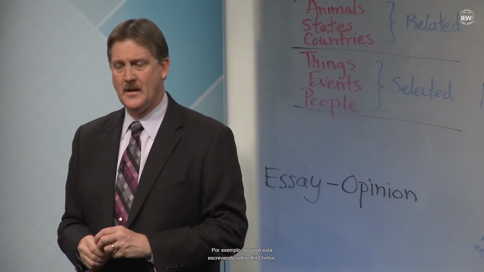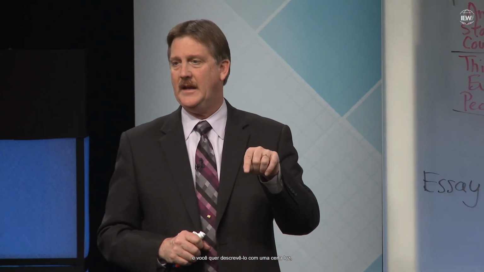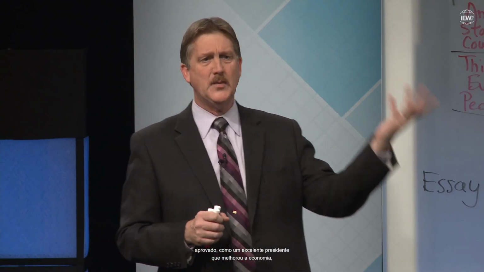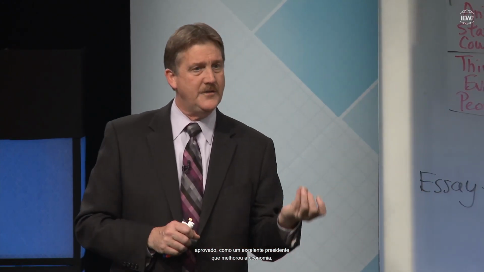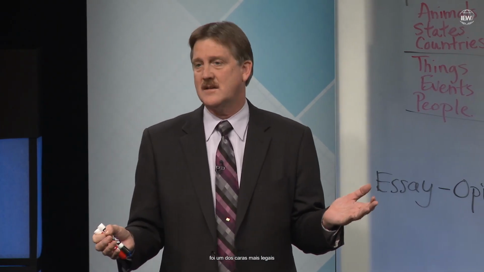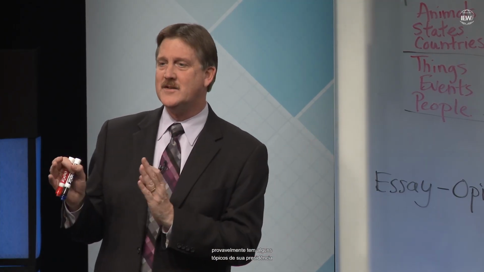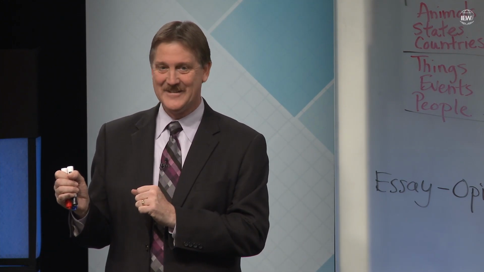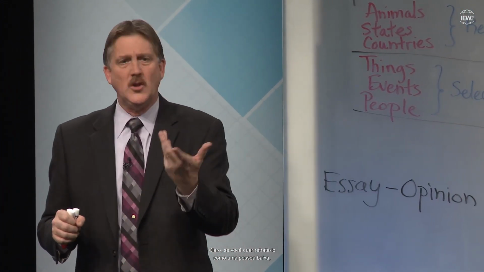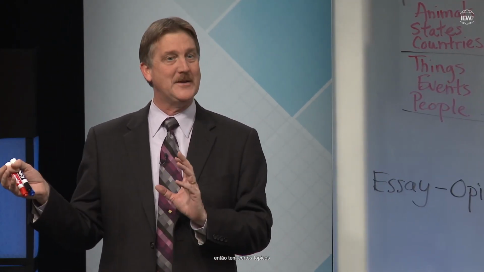For example, if you're writing about Bill Clinton and you want to portray him in a certain light, say as an excellent president who brought the economy in, brought peace to Bosnia-Herzegovina without embroiling us in a war, was generally one of the nicest guys ever to be in the White House. If you want to portray him that way, then probably there's a few topics from his presidency you might just not mention, right? He would select. Of course, if you want to portray him as a low-life, philandering scoundrel who permanently disennobled the presidency, well, then there's certain topics you would definitely want to put in.